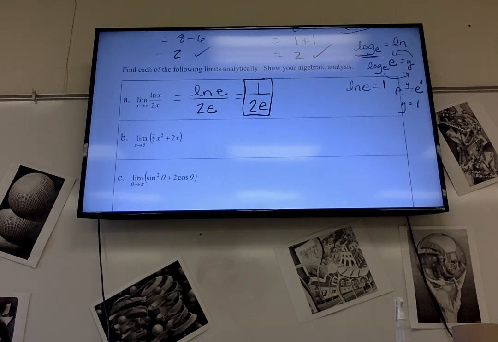No. The only time we have to do something special is if it gives us something undefined or something weird like that, then we have to worry about if it's left or right. So we just plug in 5. I got 20.